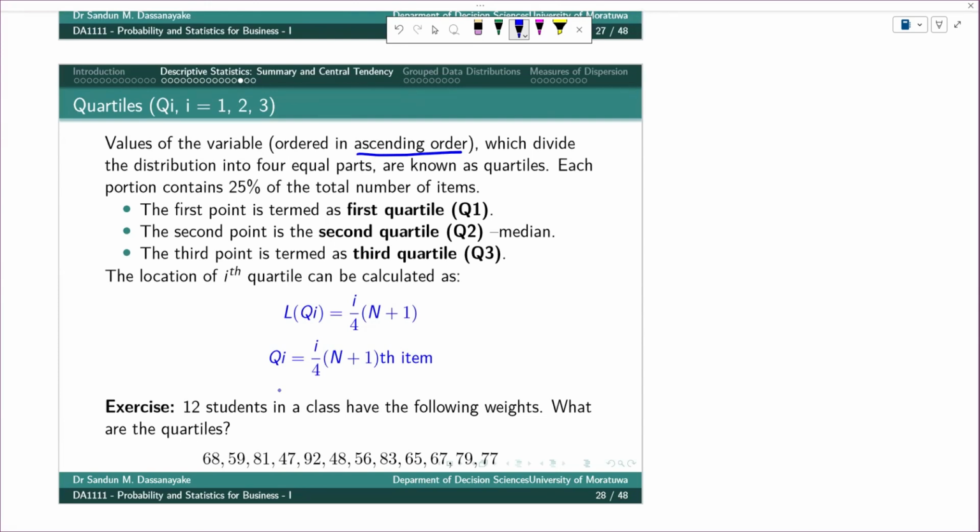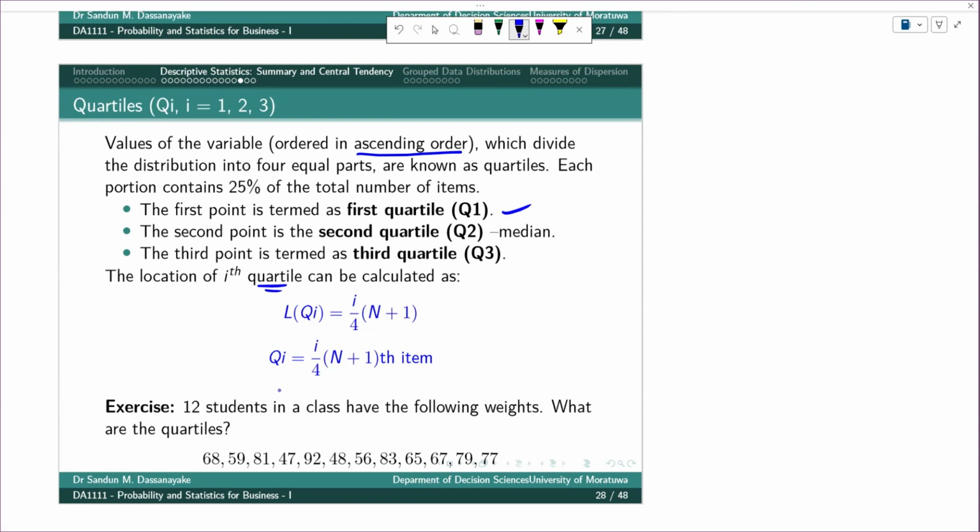It doesn't have anything to do with the values in the distribution. Remember that. The first point is termed the first quartile, the second quartile, then you have the third quartile. The location of the ith quartile is i over 4 times (n plus 1), and can be calculated as this.